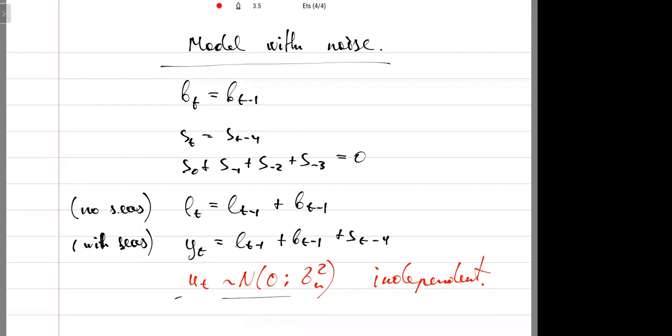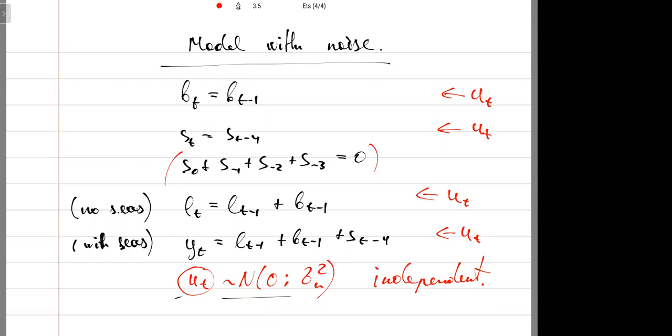So the idea is that this noise may influence all my equations except the normalizing one. So ut may influence this equation, ut may influence the second equation, ut may influence the third equation, and ut may influence all equations with the exception of the normalizing equation.